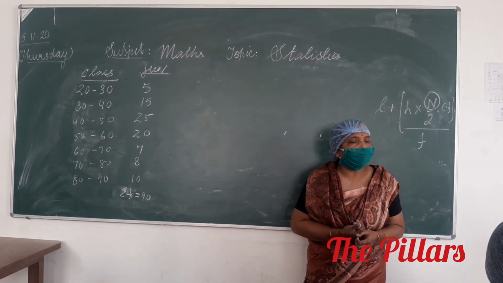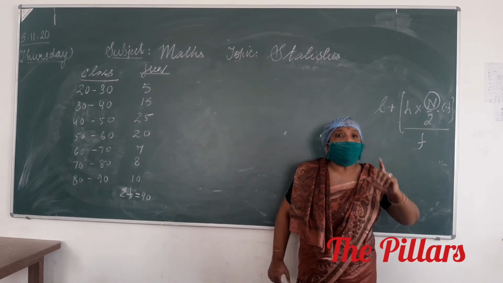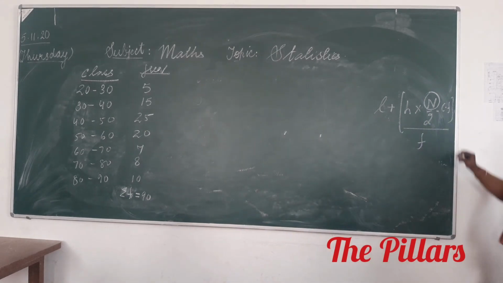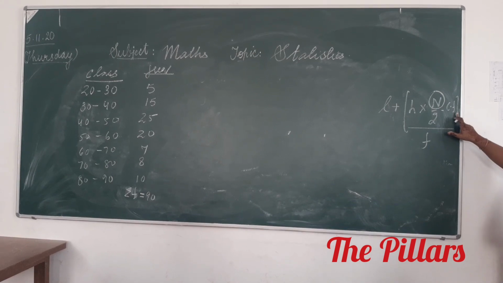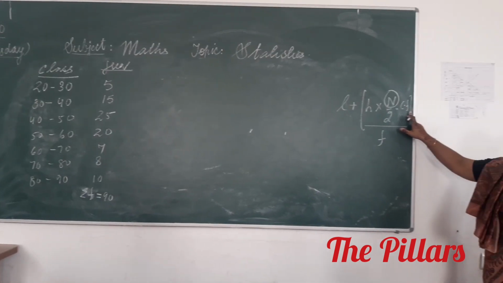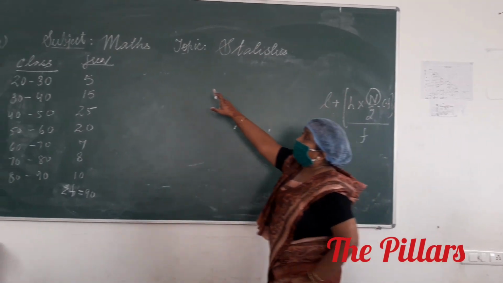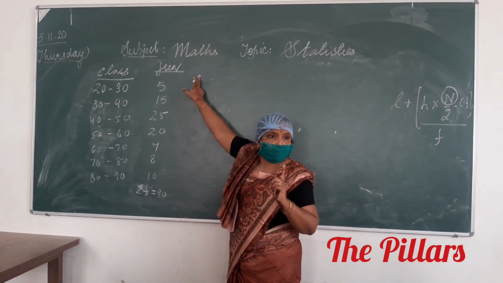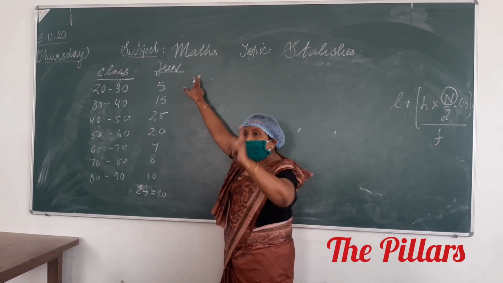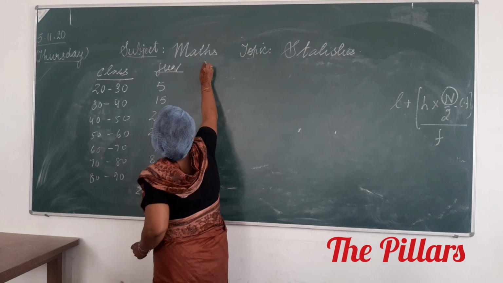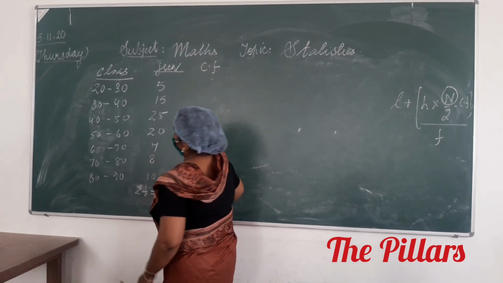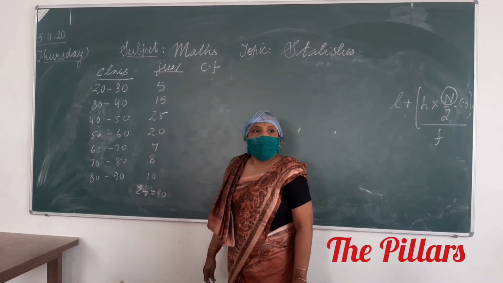Clear to all of you? Then you need what? CF, cumulative frequency. So we have to make a column for cumulative frequency. Make cumulative frequency in your copy. How?